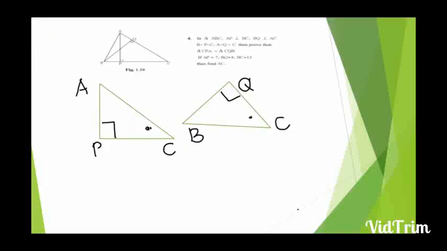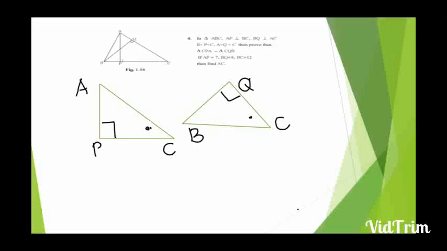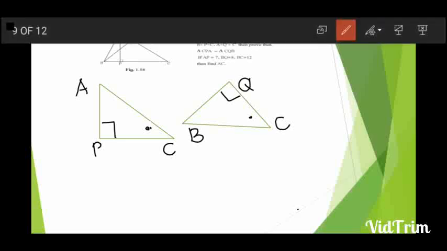Now let me go to the next one. See here, they have given all the information: in this triangle AP is perpendicular, and BQ is also perpendicular to AC. We have to prove that these two triangles are similar.